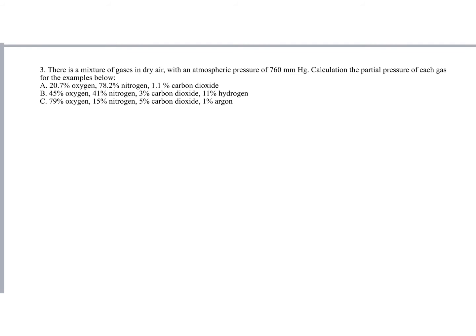In letter A, we have oxygen at 20.7%, nitrogen at 78.2%, and carbon dioxide at 1.1% of the atmosphere. To figure out the partial pressure of oxygen in an atmosphere that is 760 millimeters of mercury, you're going to take 20.7% of it. Well, how do you multiply percentages? Some of you may have a calculator that can do that, but mine is a simple calculator, and it cannot.